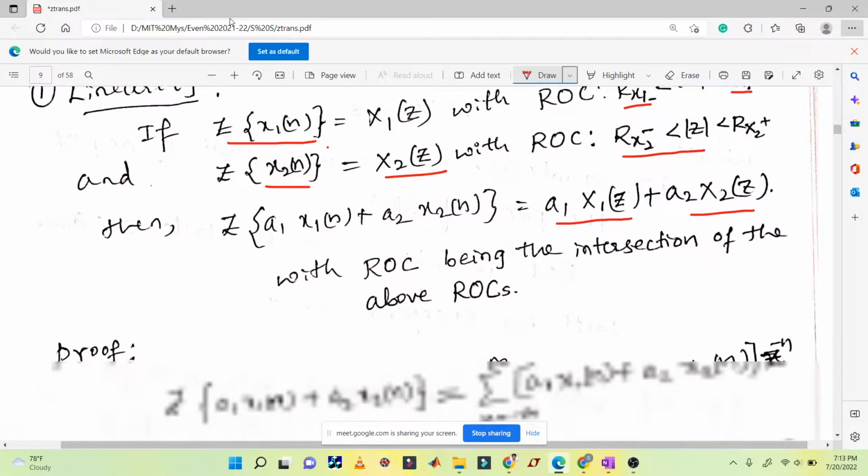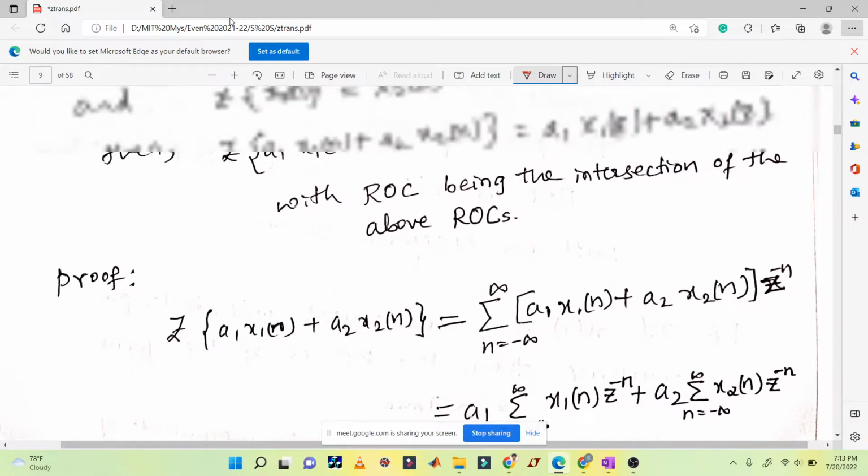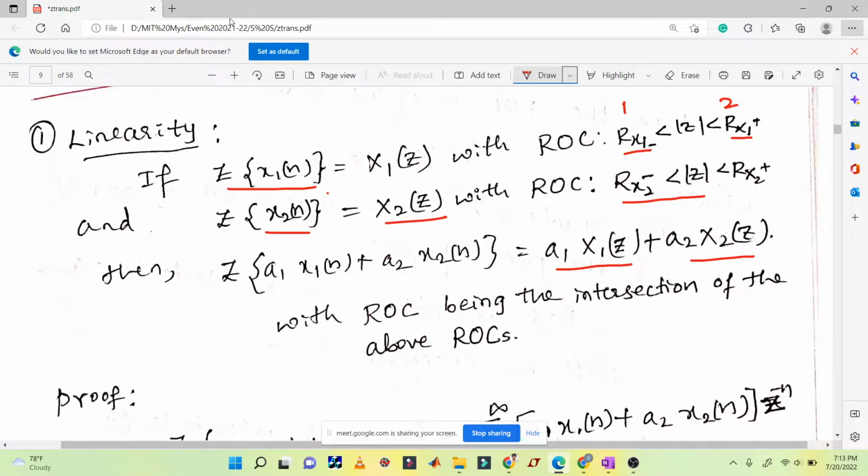Let me indicate that. ROC will be Rx1 minus to Rx1 plus, intersection Rx2 minus to Rx2 plus.